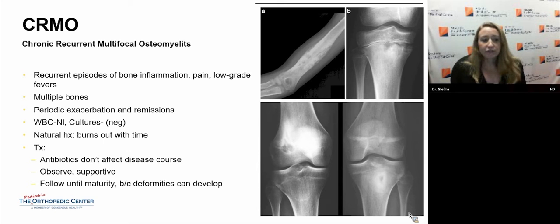The cultures can be negative, and the natural history of this is actually that it burns out with time, and antibiotics don't affect the disease course, so you really observe and are very supportive in the treatment. But because this can cause permanent changes in the bone, it's important to follow them until maturity, at least from my surgical perspective, because deformities can develop, and sometimes those secondary deformities have to be addressed.